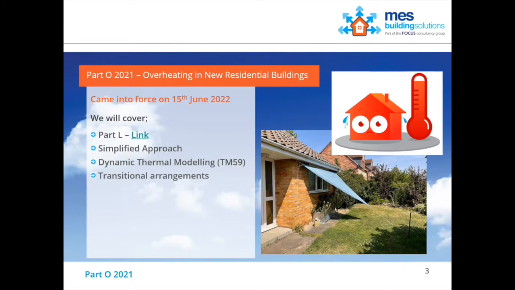And the aim of Part O really is to try and make sure that overheating is considered as a holistic part of the building design, so that we're not having to resort to slightly dubious approaches to overheating mitigation, as we can see in that image. We want the actual designed-in building to avoid overheating without us having to resort to these sort of slightly Heath Robinson solutions. So that's where this is coming from, really.